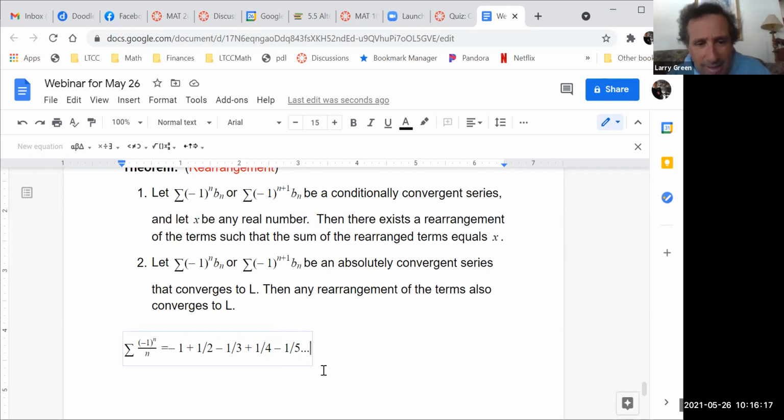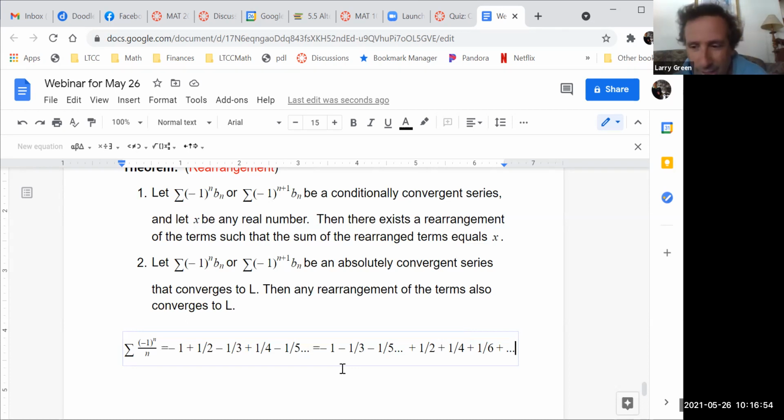Can I just say that's equal to -1, and then I'm going to take -1/3 minus 1/5 dot, dot, dot, and then I'm going to go plus 1/2 plus 1/4 plus 1/6 plus dot, dot, dot. Can I do that? I rearrange the terms. Do I get the same answer?